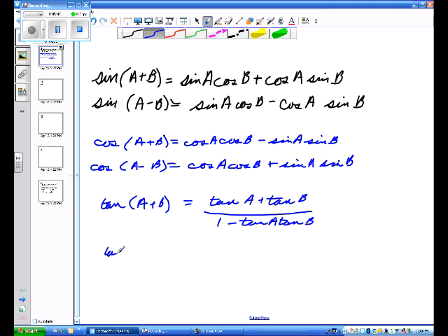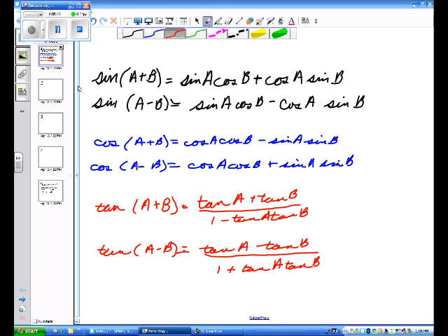And the tangent of A minus B. It's the tangent of the first minus the tangent of the second over 1 plus tangent of the first, tangent of the second. So whatever sign you have between those is what we have in the numerator, and we have the opposite sign in the denominator.